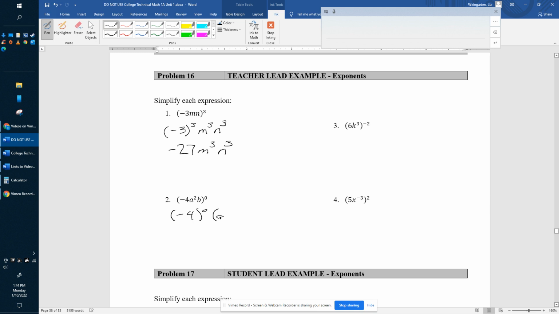We have a squared to the 0 power and b to the 0 power. Now don't be fooled. -4 to the 0 power is still 1. It's not -1. It would only be negative if the negative sign was on the outside. Negative numbers to the 0 power are still just 1.